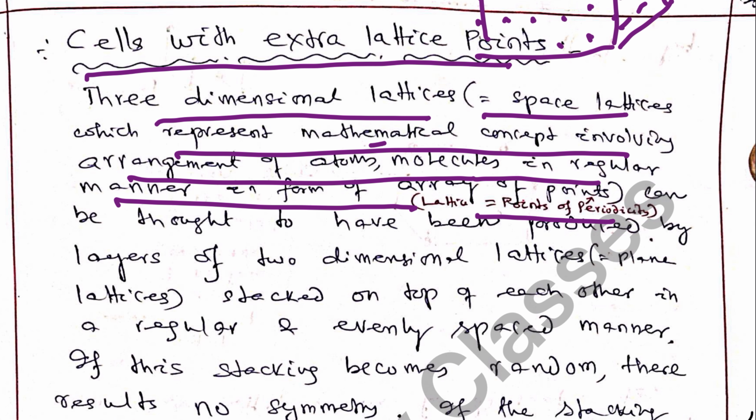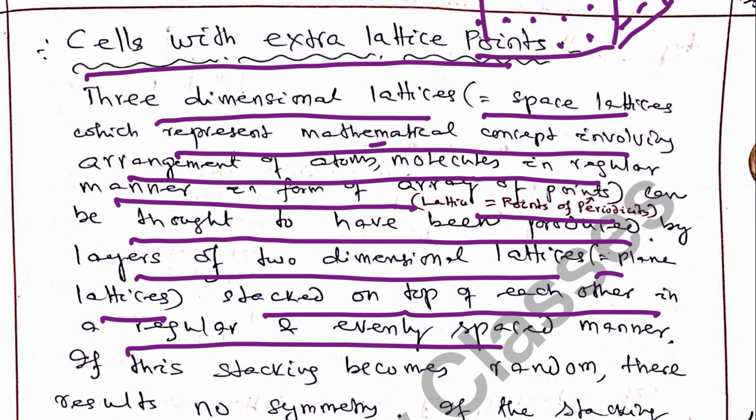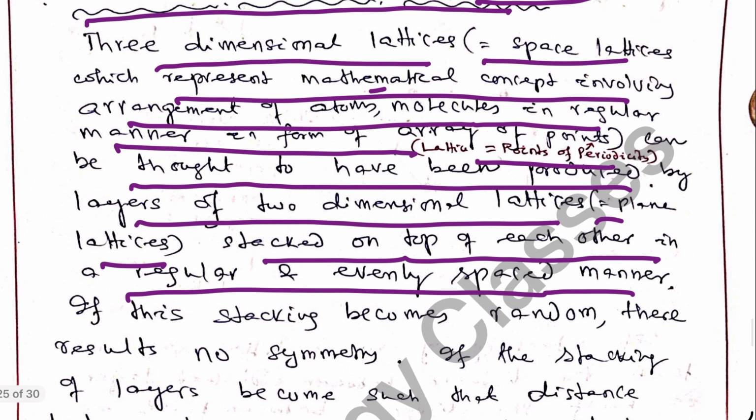Thus, this arrangement of lattice points, which gives rise to a 3-dimensional lattice, can be thought of as produced by layers of 2-dimensional lattices or plane lattices, which are stacked on top of each other in a regular, evenly spaced manner.